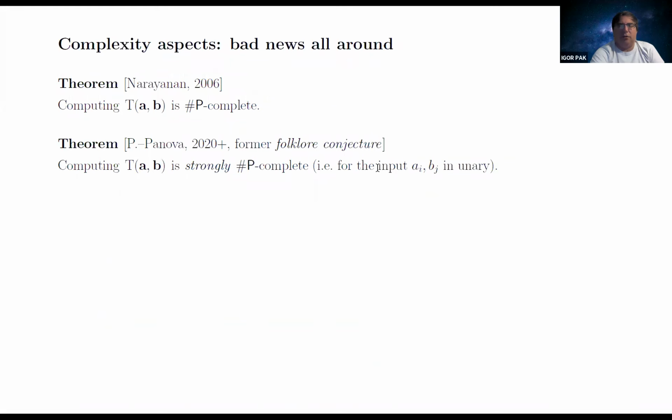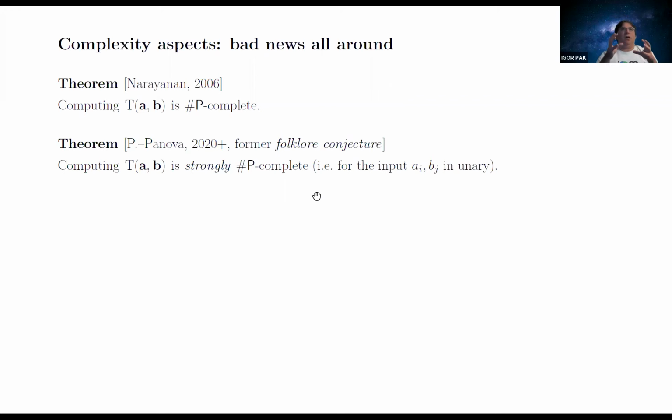Before I explain the various connections and applications, let me tell you some news. Those are all bad news. And the bad news is counting the number of contingency tables is actually hard. It's computationally hard. It's #P-complete, which was shown by Narayanan, and just a few weeks ago we showed that the number of contingency tables is strongly #P-complete.